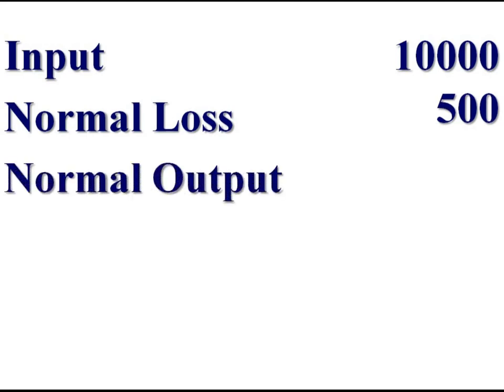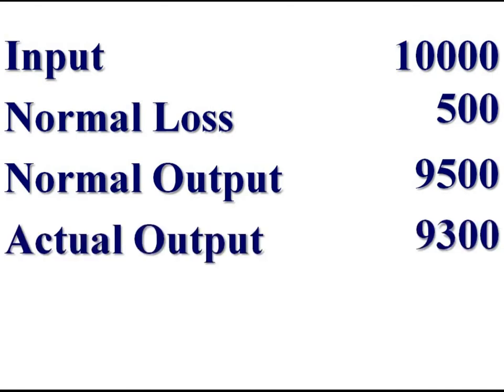See, input 10,000 units less normal loss at 5%, 500. Deduct it, we get normal output. It is 9,500. Expected output or normal output is 9,500.